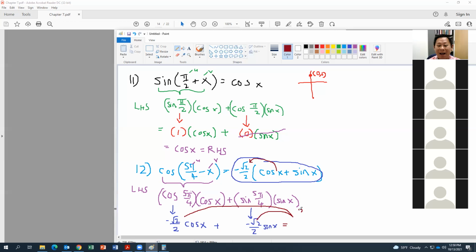So what do we factor here? We factor the root 2 over 2. So what do you get once you factor it out? Both of them are factored out, because they are a common factor. So then you just get cos x plus sine x.